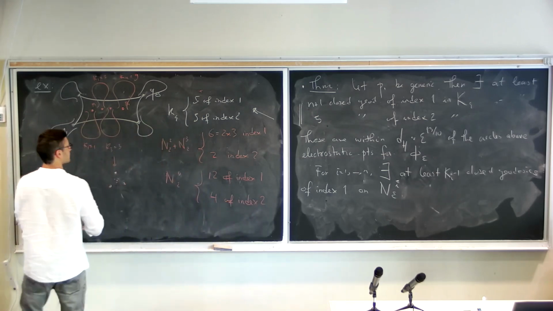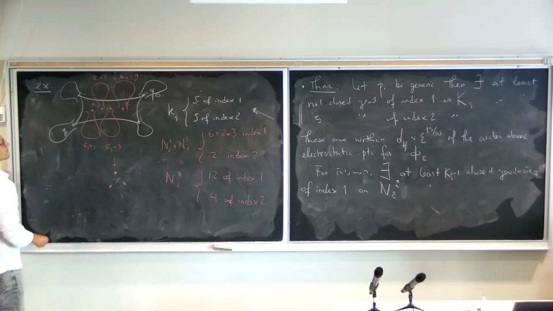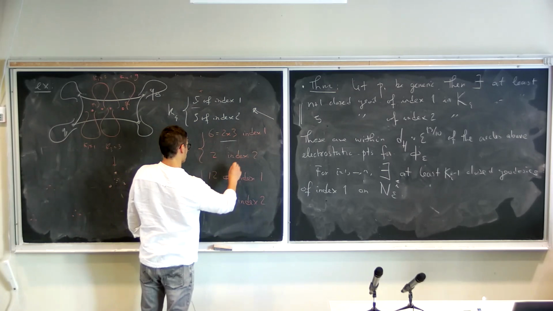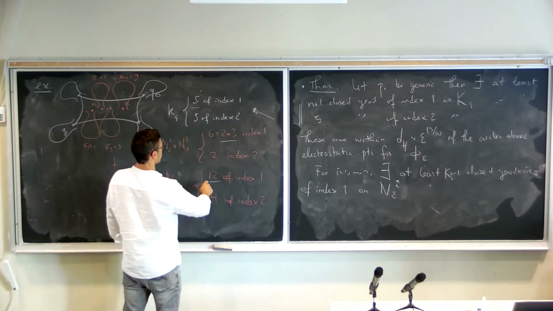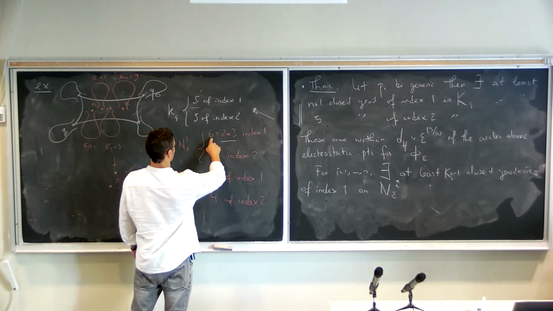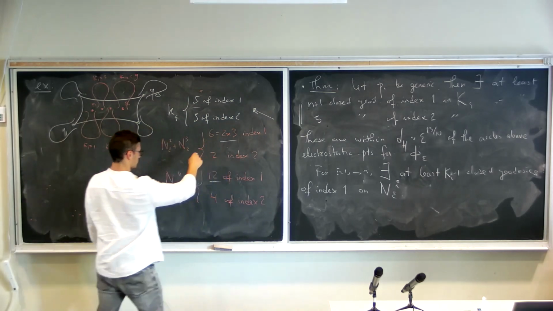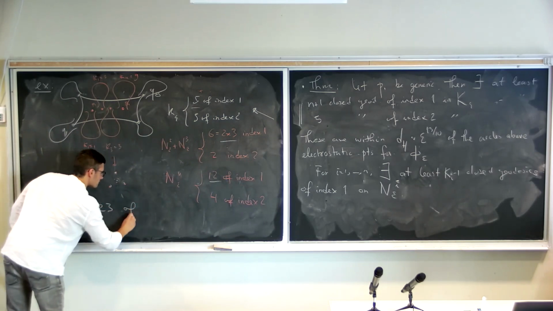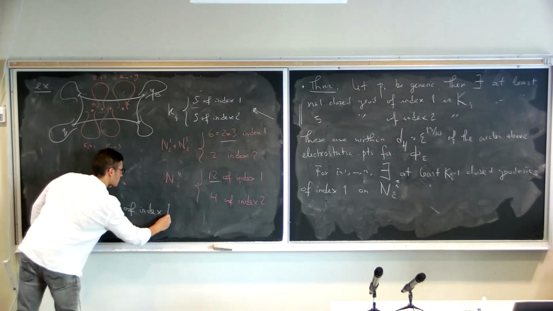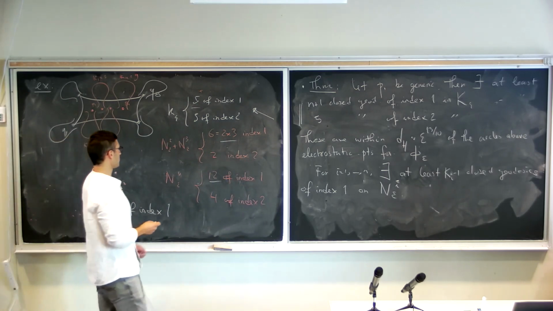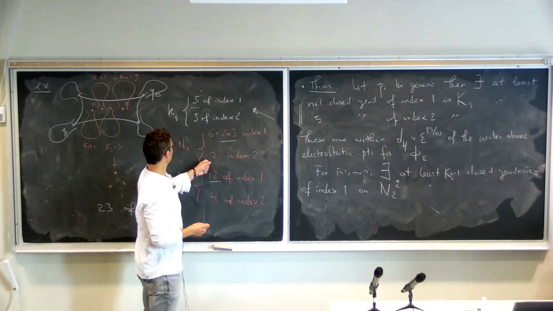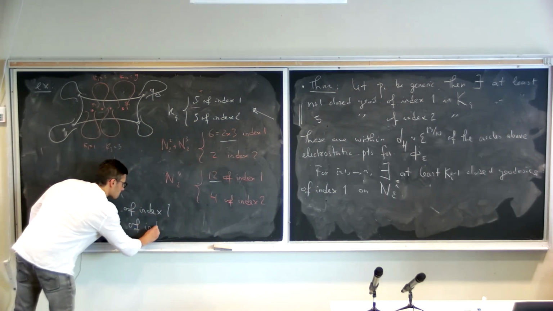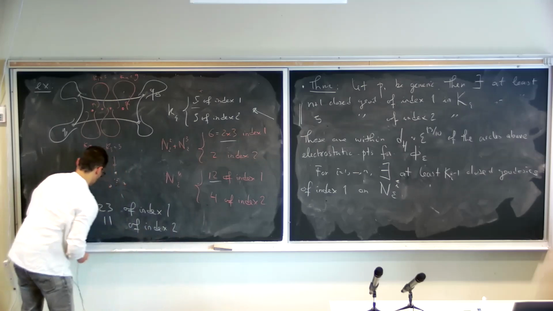Okay, so in the end, what do we get? We get this plus this plus this. So 23 of index 1. And we get 6 plus 5, 11 of index 2.